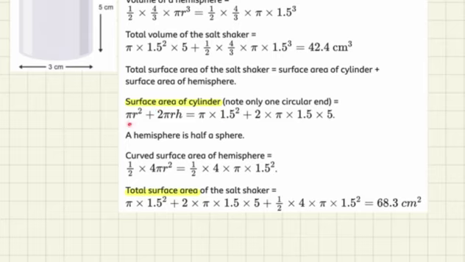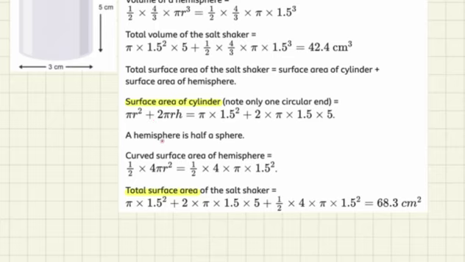When we substitute all the values, we get pi times 1.5 squared for the base, plus this part here, 2 pi times 1.5 times 5. That gives you the surface area of the cylindrical part.